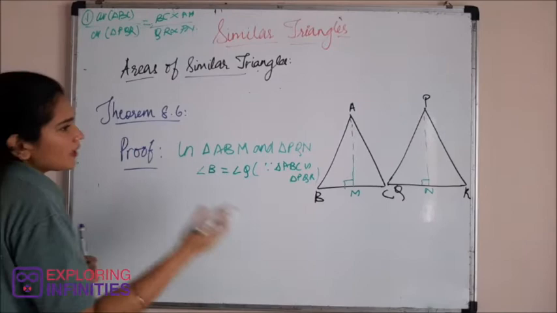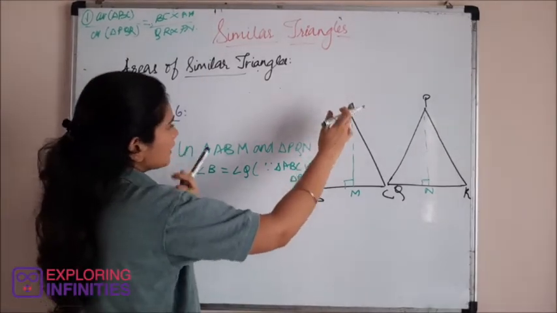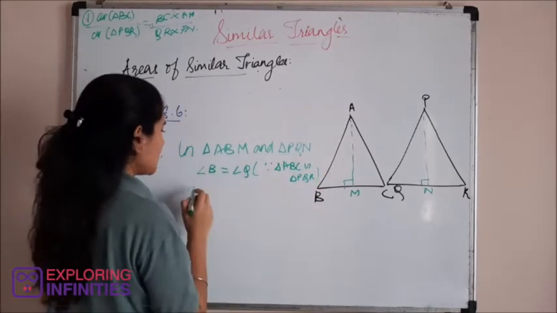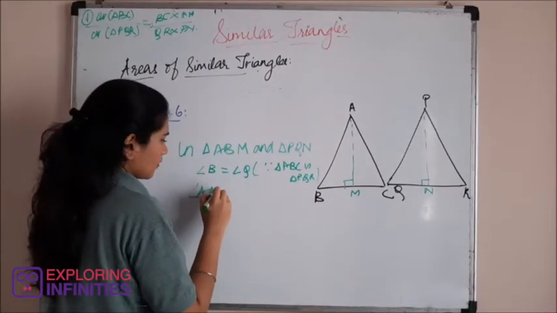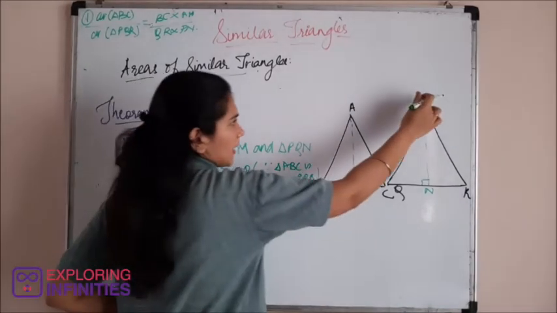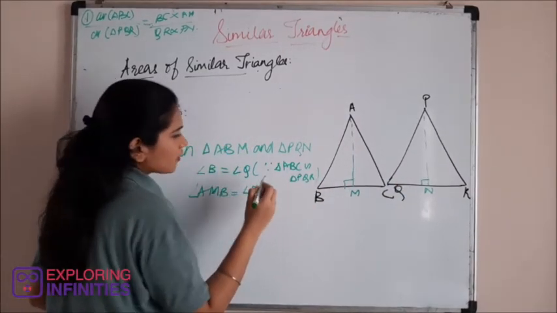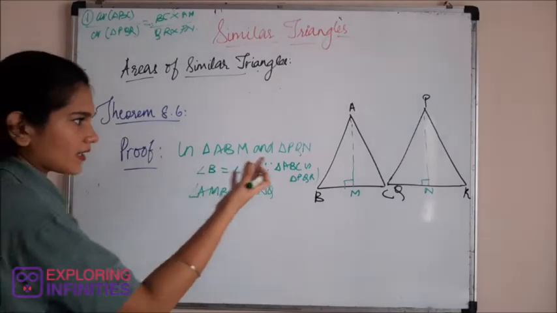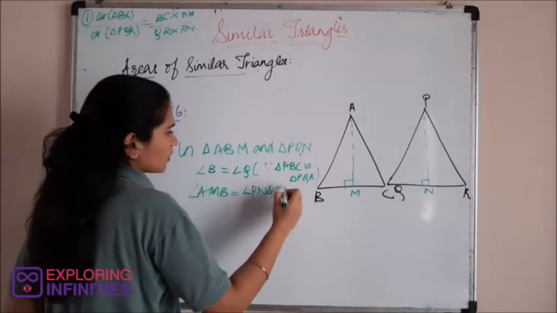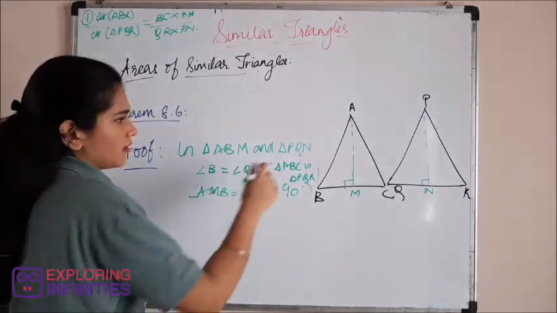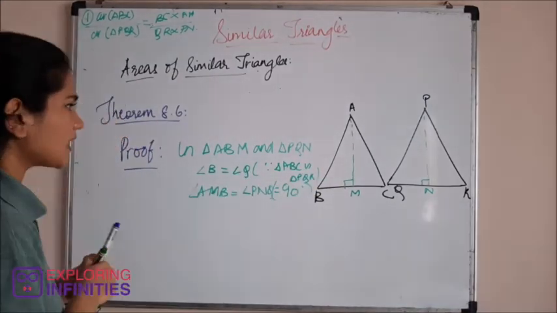Alright, and another thing that we can say is that angle AMB is equal to angle PNQ. We can also call them angle M and angle N. They both are equal to what? 90 degree. That is how we had constructed it. They are perpendicular, so they would be 90 degree.